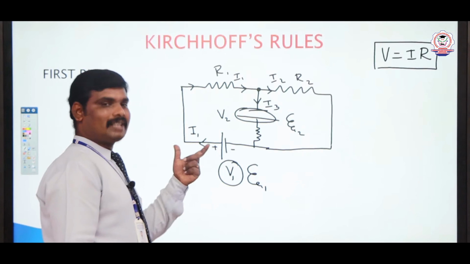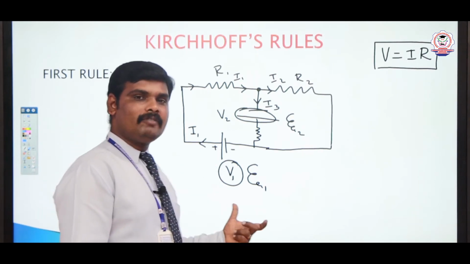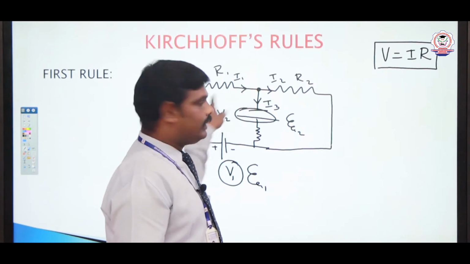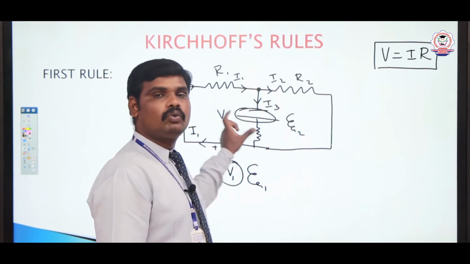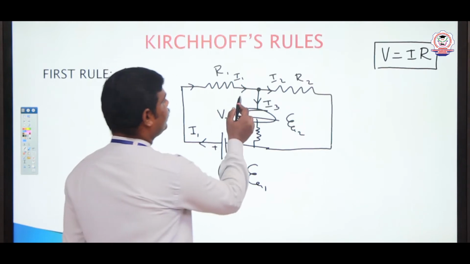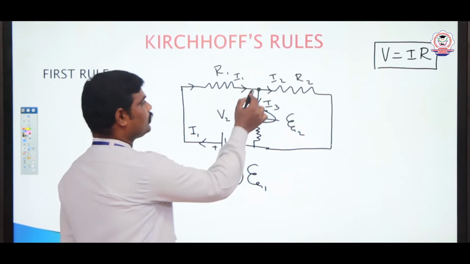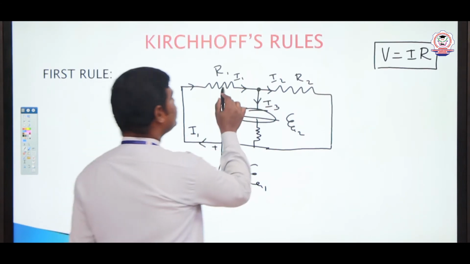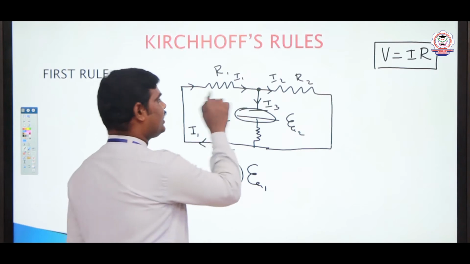The current rule is nothing but that the algebraic sum of the electric currents meeting at any point or any junction in the electrical circuit is equal to 0. Which means, see my dears, here the current I1 is coming to this junction. So this is entering the junction.